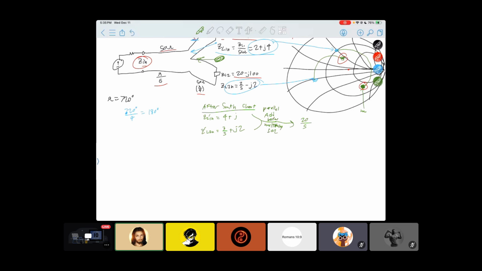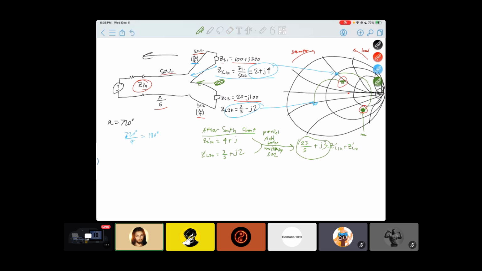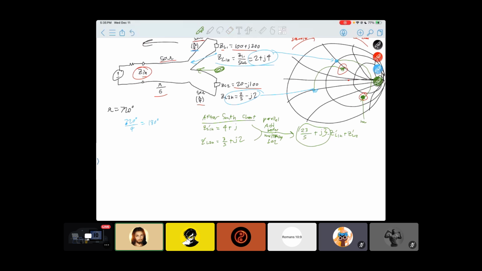So I'll just basically add them. So let's see, this 20/5 plus 3/5, so it's 23/5 plus j3. That's the sum of ZL1 and ZL2 primes after you add them. So now we need to multiply again, or renormalize it.